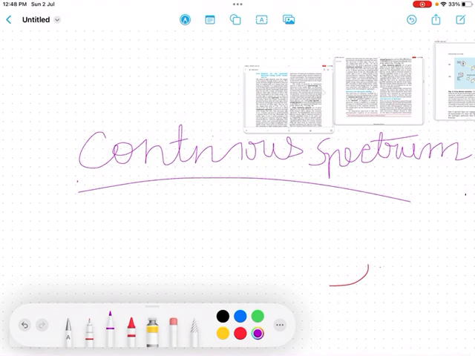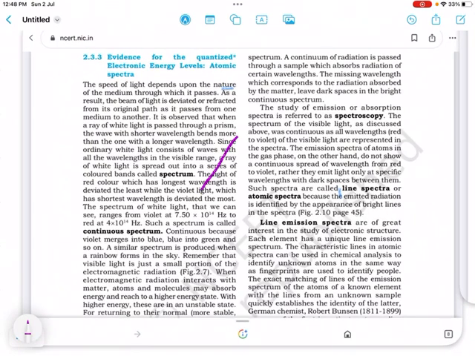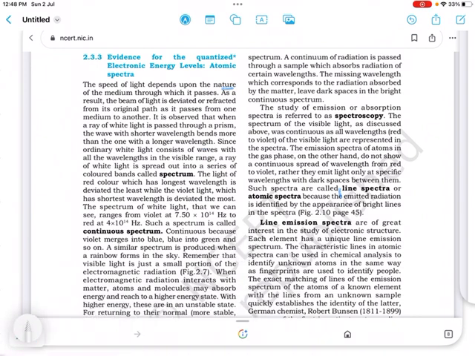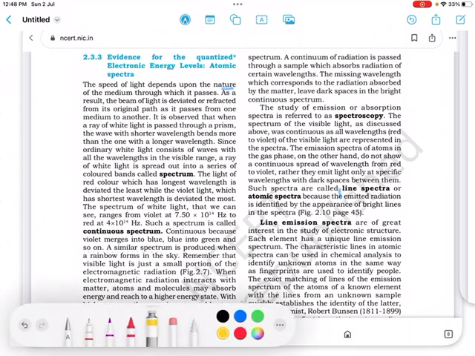Next, let's see why it's called a continuous spectrum.